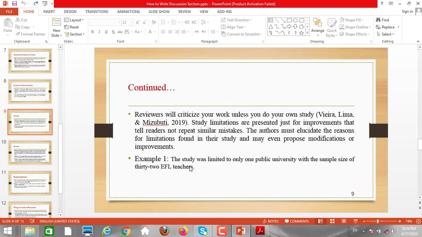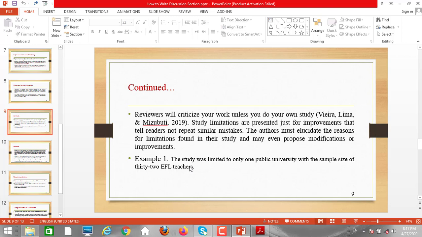One thing researchers need to keep in mind is that if they don't state their own limitations, the reviewers, who are looking for limitations, will find out what your limitations are. So this is the best way for you to state your limitations or shortcomings.